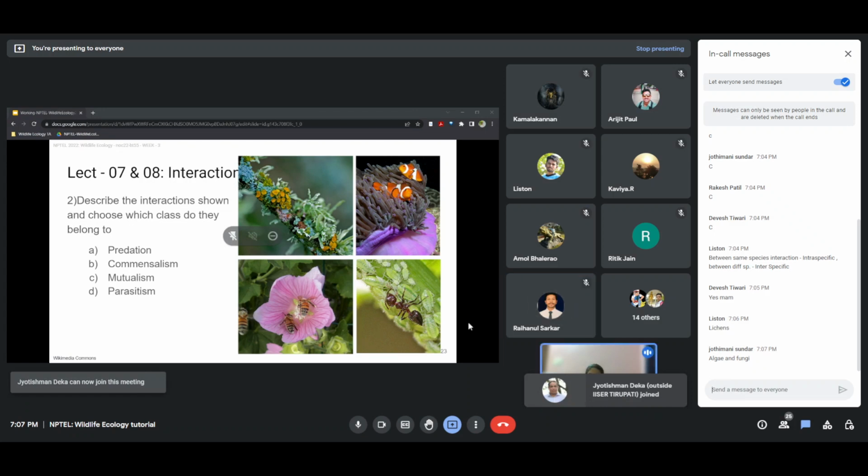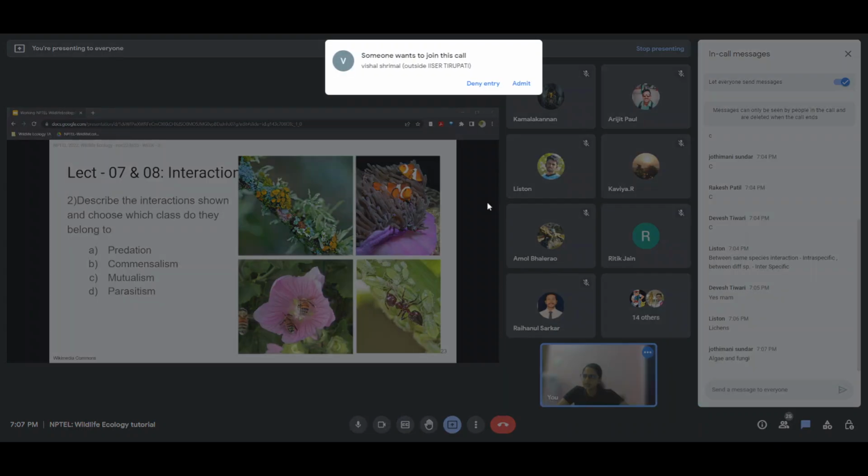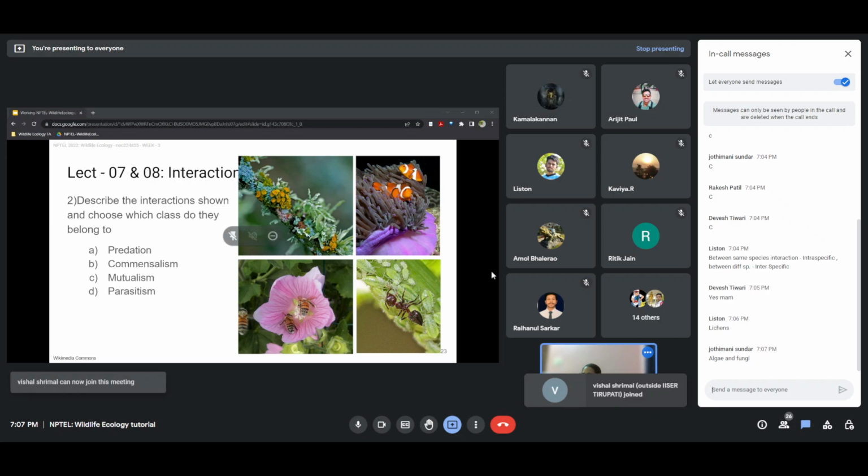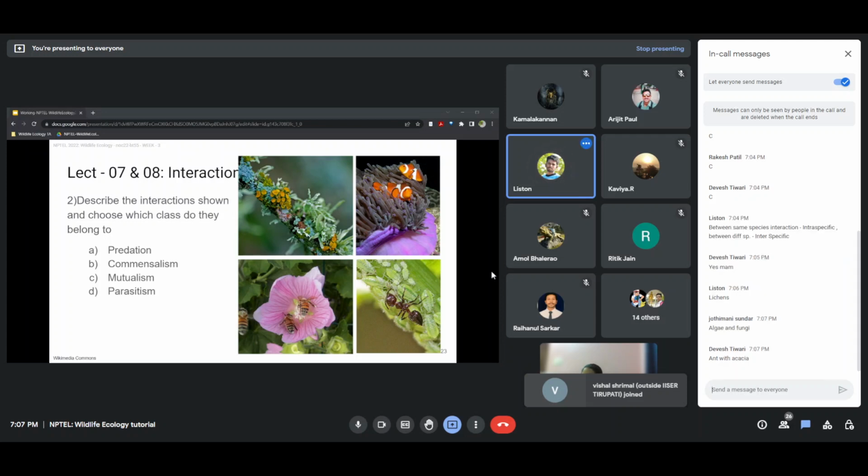Yeah, right. Any other answers? Would anybody say Ranul is wrong? Yes, Justin, go ahead. Commensalism, okay. Why would you say it's commensalism?